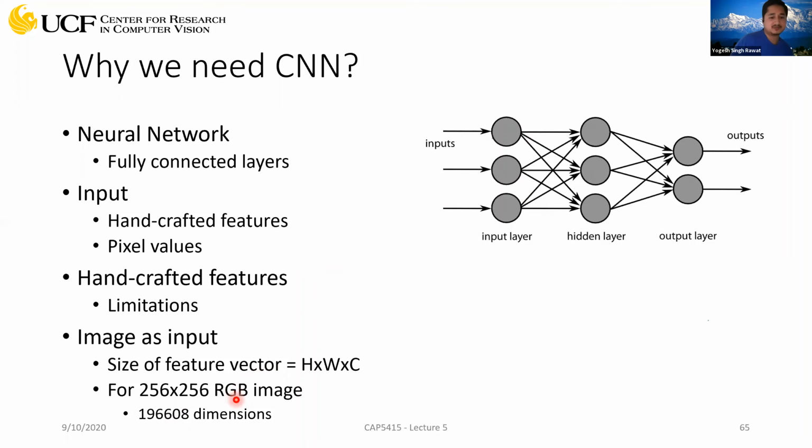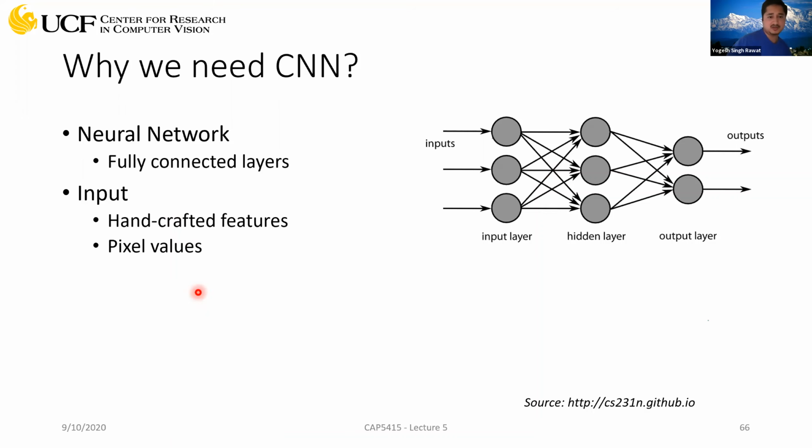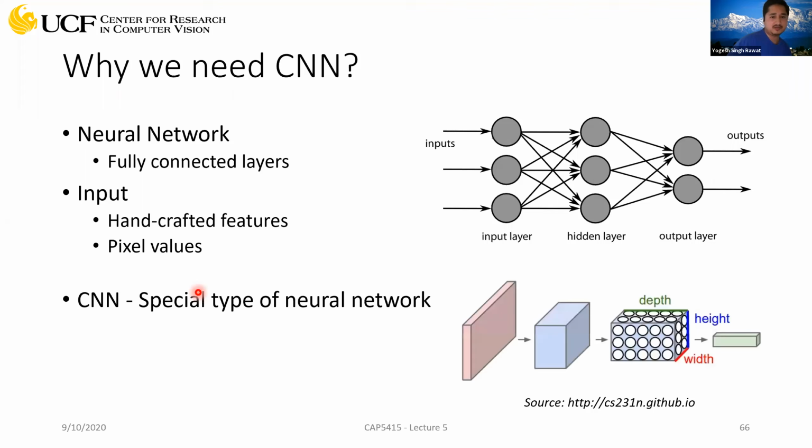The point is, you can't use MLPs directly on the image pixel values because it's not scalable. And if we want to use handcrafted features, then we have lots of limitations there. That's why we need CNNs, and why they are different from a neural network.